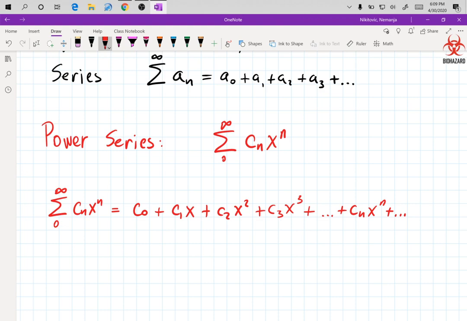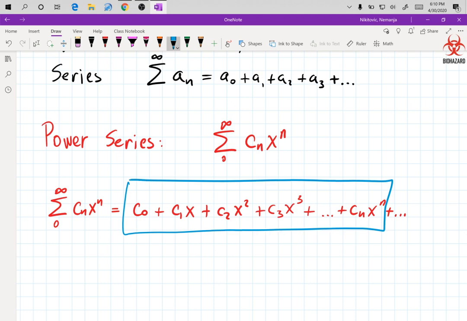I hope you would recognize this from your pre-calculus course as a definition of what? I know there is a delay.